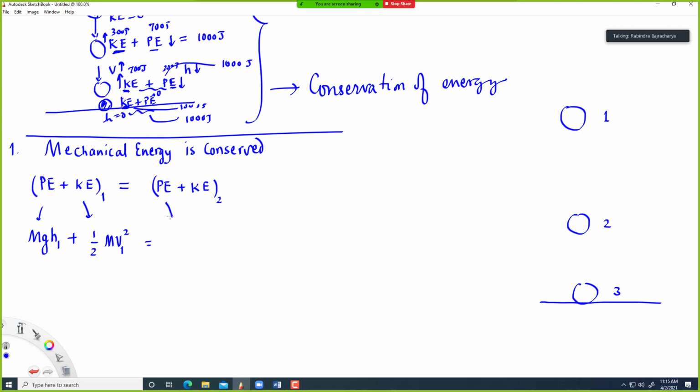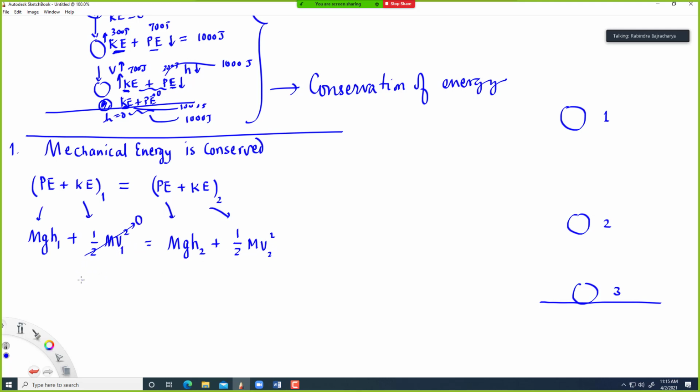And potential energy at point 2 is m g h2, plus kinetic energy, 1/2 mass times speed at 2 squared. Initially the rock is at rest. The person is holding the rock initially, so that term is 0 because the speed is 0.